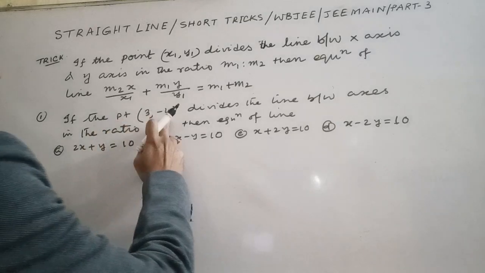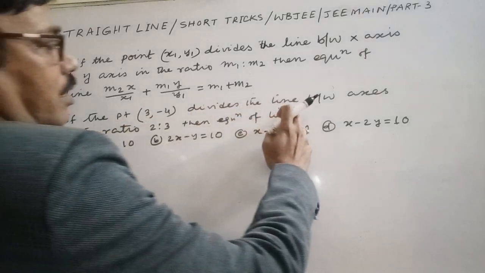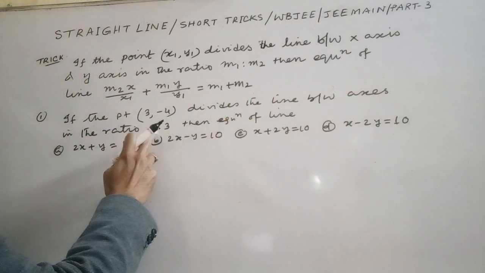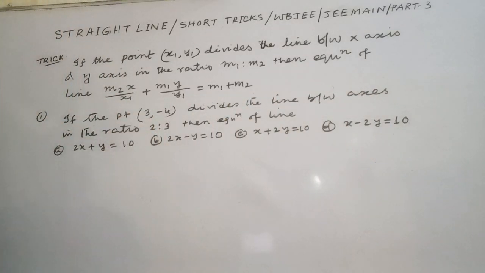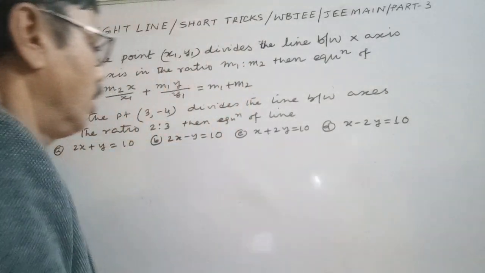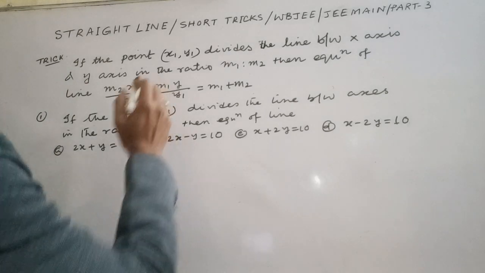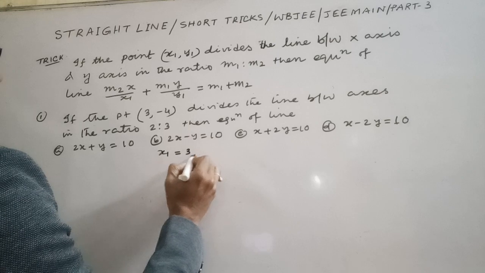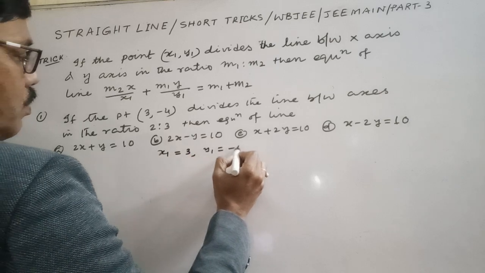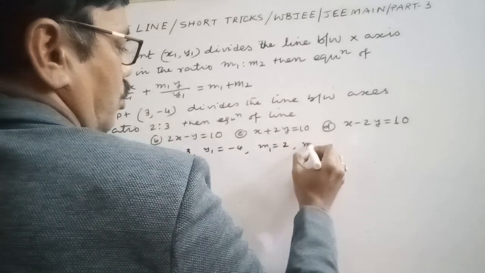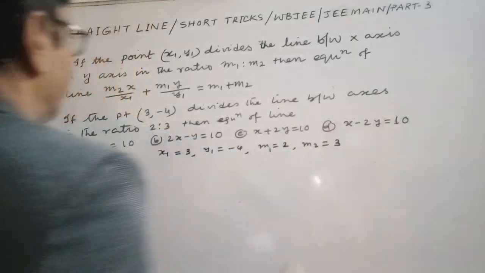If the point (3, -4) divides the line between the axes, that is x-axis and y-axis, in the ratio 2:3, then you have to find the equation of the line. So look, direct formula: x1 equals 3, y1 equals -4, m1 equals 2, m2 equals 3.